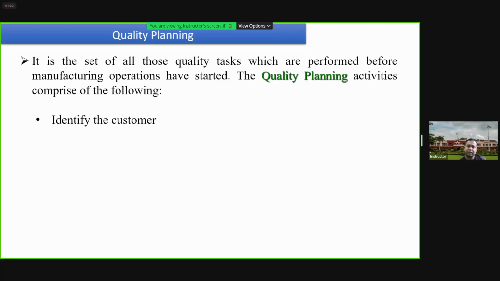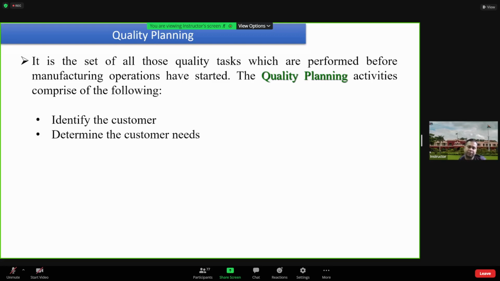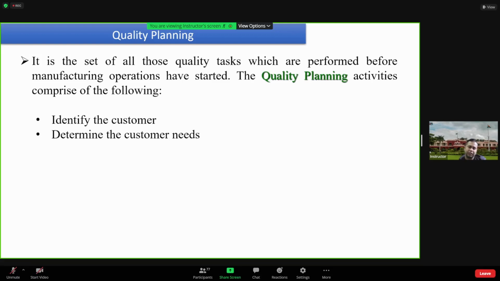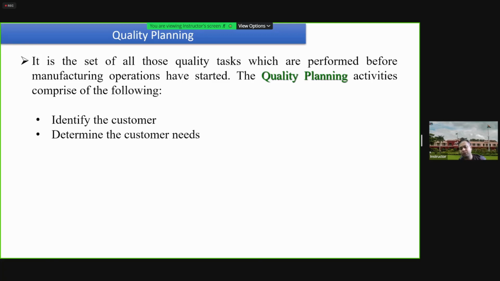Then after identifying the customer, second is we identify the customer needs. As discussed earlier, to identify the customer needs, we actually go to the market. We can follow a lot of different ways to identify the customer needs. There are certain tools also developed by people, which we will be discussing at later stages.